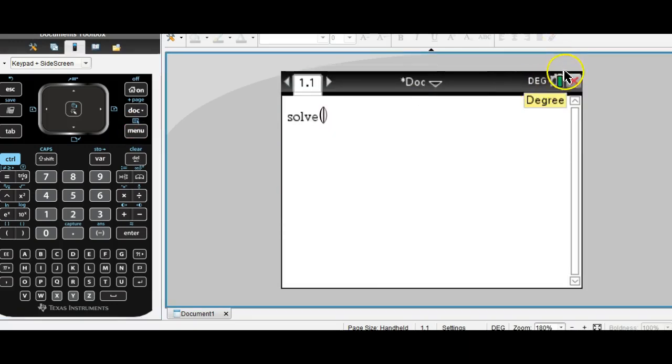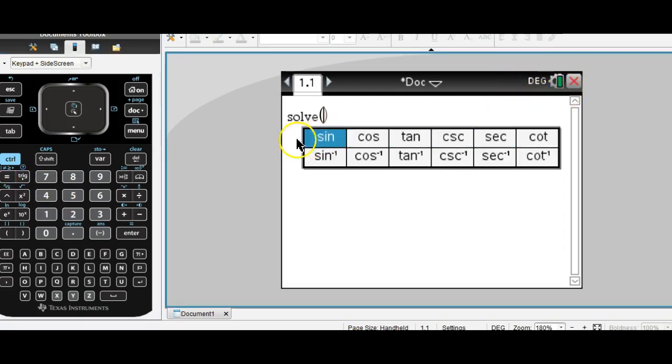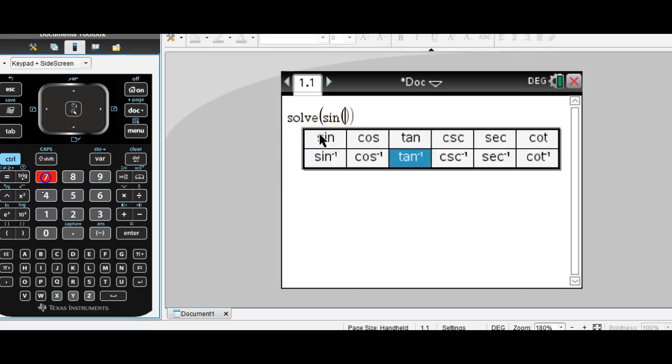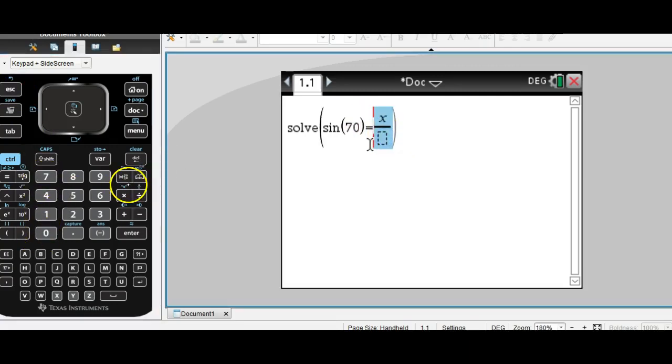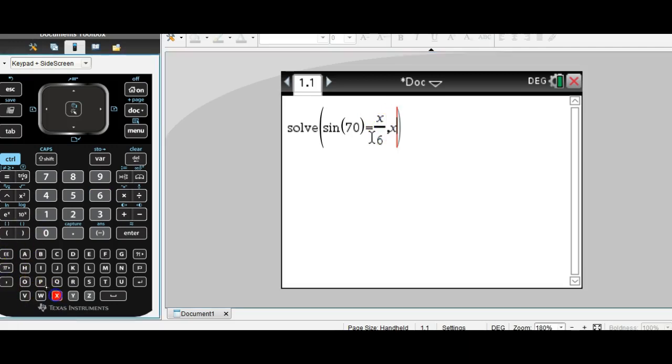Now let's make sure that our calculator is in degrees for this calculation. So sine 70 degrees equals x over 6, comma x, control enter.